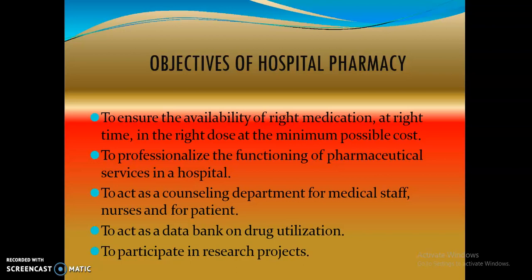Also, to professionalize the functioning of pharmaceutical services in hospital, to act as a counseling department of medical staff, nurses, and for patients, to act as a data bank on drug utilization, as well as the main objective of this hospital pharmacy is to participate in research projects. So these are the different kinds of objectives of hospital pharmacy.